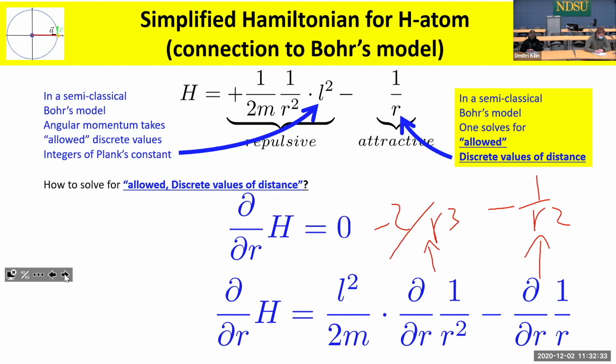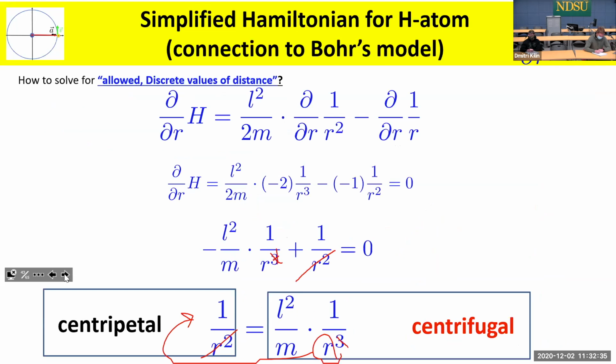So we are taking this derivative and setting them to be equal to each other, or the subtraction to be 0. So they will be equal to each other when the centrifugal and Coulomb forces are equal to each other.